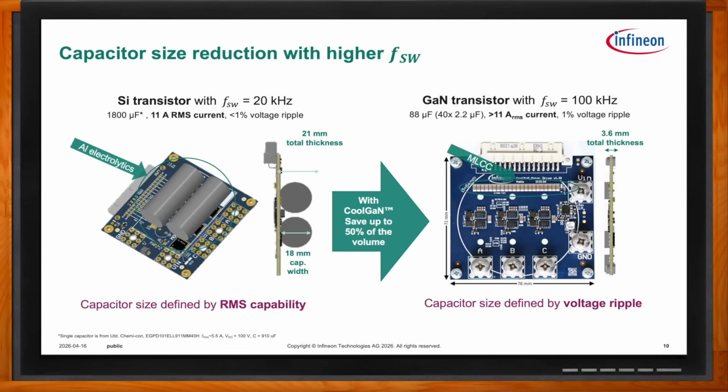And I can achieve the same 1% ripple with only 88 microfarads, right? So I'm 20x smaller value of capacitance, and yet I can achieve the same ripple voltage because I'm operating at 100 kilohertz.